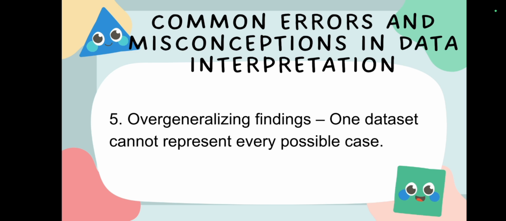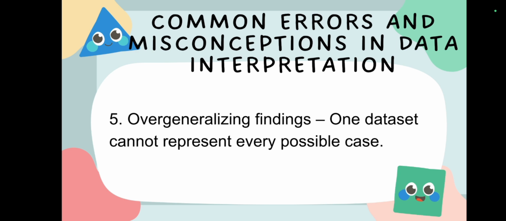Overgeneralizing findings, wherein one dataset cannot represent every possible case. Overgeneralizing means making a big or broad conclusion based on only one set of data or one small example. It's like saying this happened once, so it must always happen.